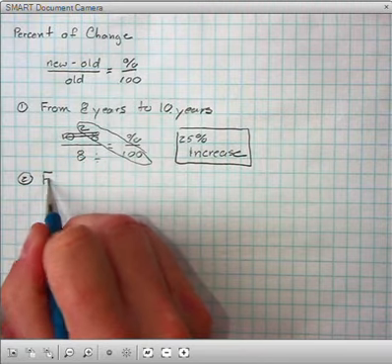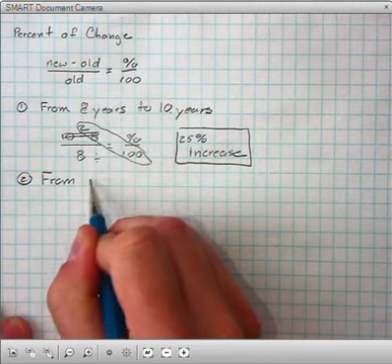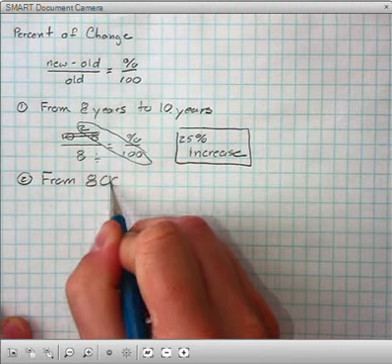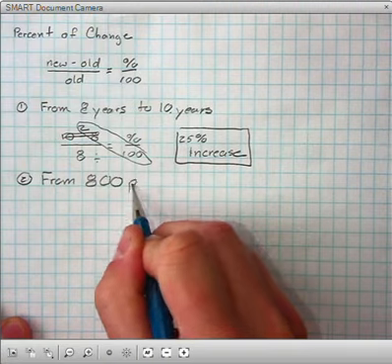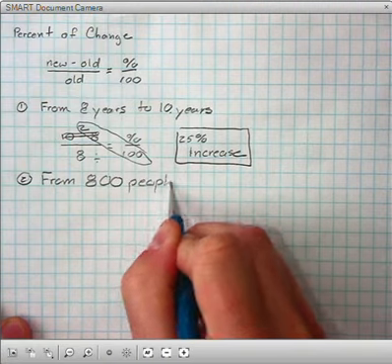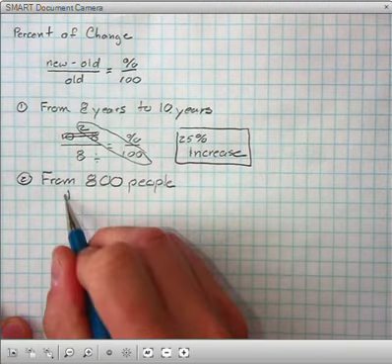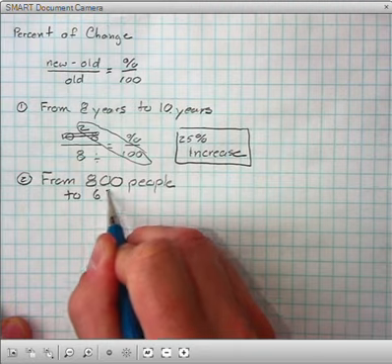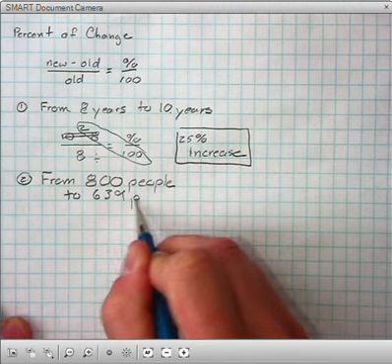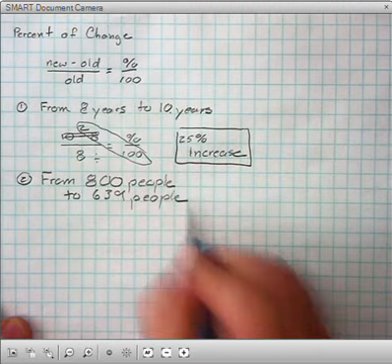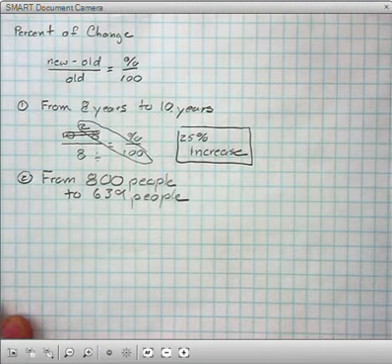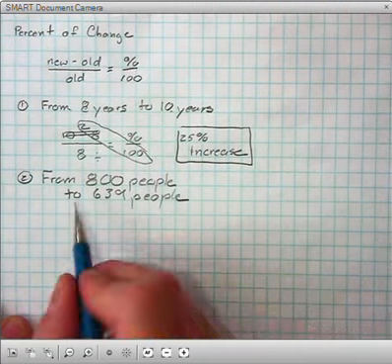We could go from 800 people to 639 people. We do this the exact same way.